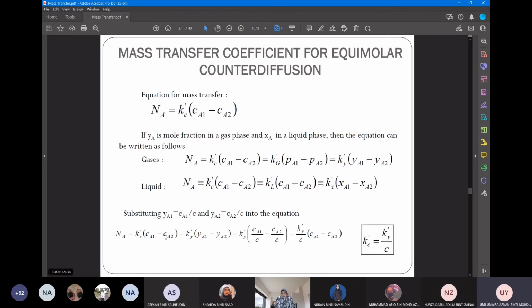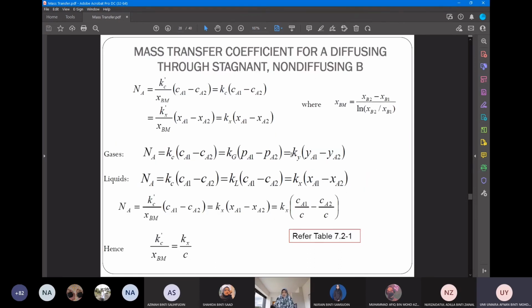You can manipulate the equation again until you get a relationship between Kc prime and Ky prime, and also a relationship between Kc prime and Kx with the value of xbm.